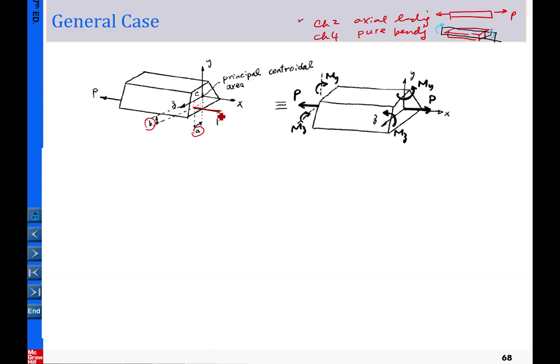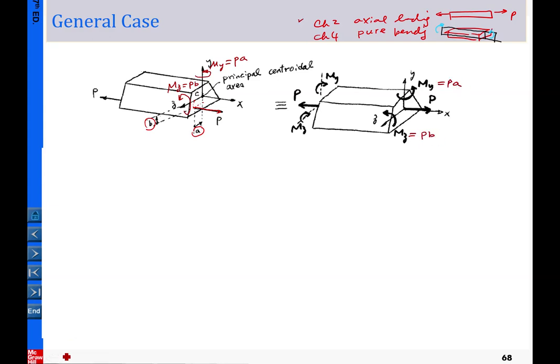For example, P multiplied by A is going to cause an equivalent bending about the y-axis, and this one will be equal to P times A. Also, due to the translation by distance B, P multiplied by B is going to induce another bending moment about the z-axis, which I call Mz, that is P times B. So this is PB and this is PA.